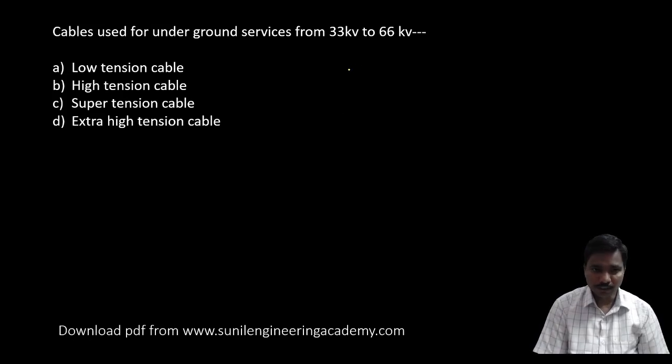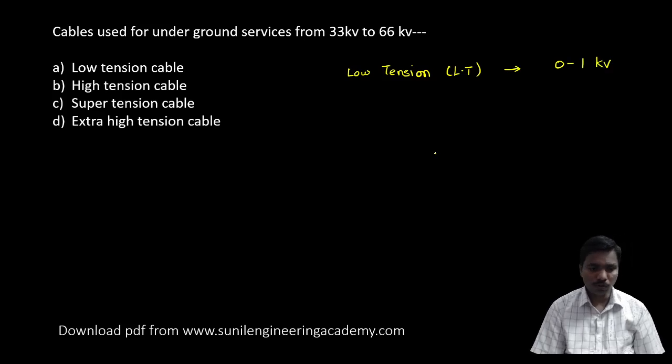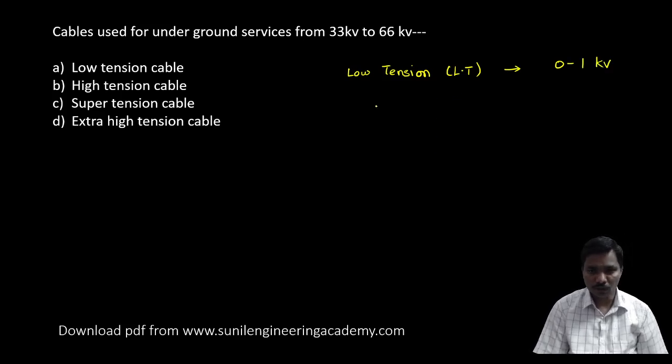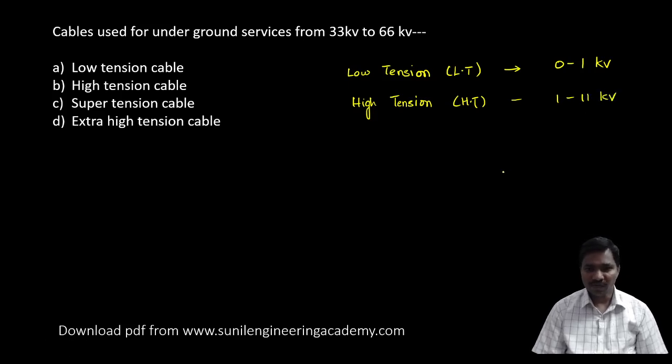Low tension cables, we can call them LT cables, are 0 to 1 kilovolt. After that we have high tension cables, HT cables, from 1 kilovolt up to 11 kilovolt.